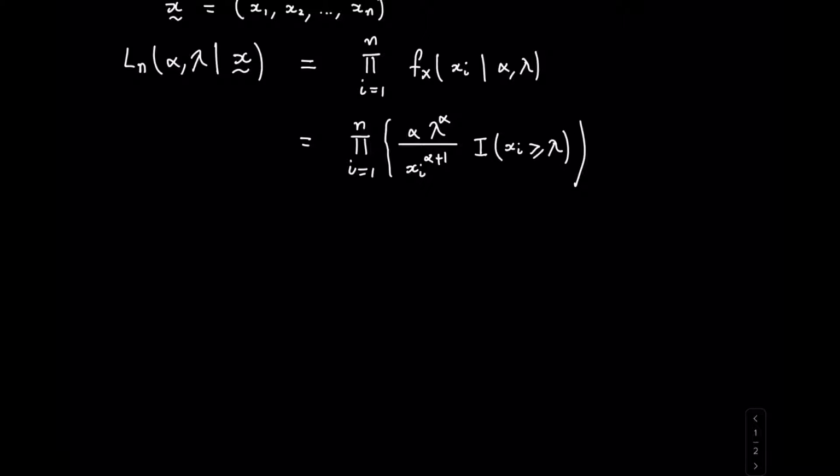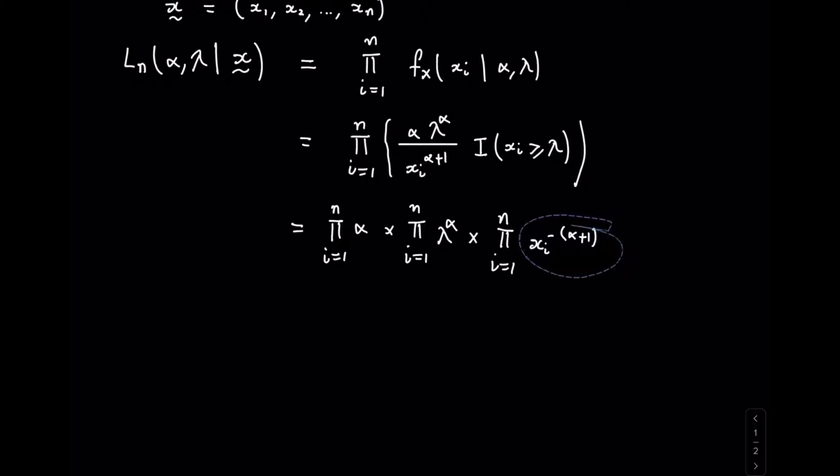First, we can note that this is the product from i equals 1 to n of all the alphas, times the product from i equals 1 to n of all the lambda to the alphas, times the product from i equals 1 to n of xi to the power of negative alpha plus 1, where I've just put the denominator in a negative power format.